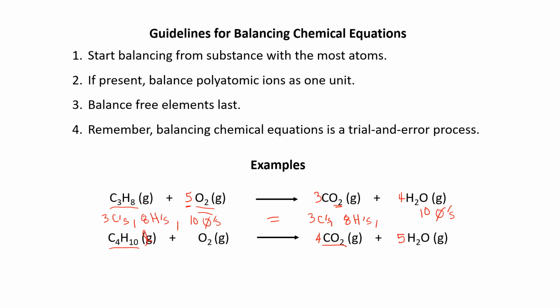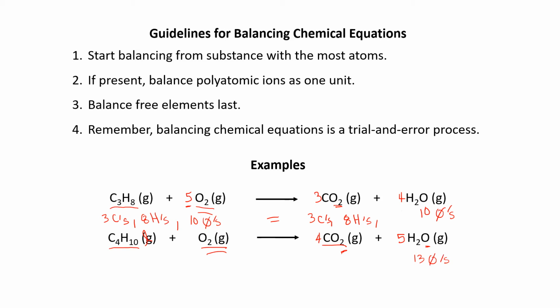So I'm saving diatomic oxygen for last, right? So I'll do a count here. I have 8 oxygens here, and then I have 5 oxygens here. So 8 plus 5 is 13, that gives me a total of 13 oxygens here.